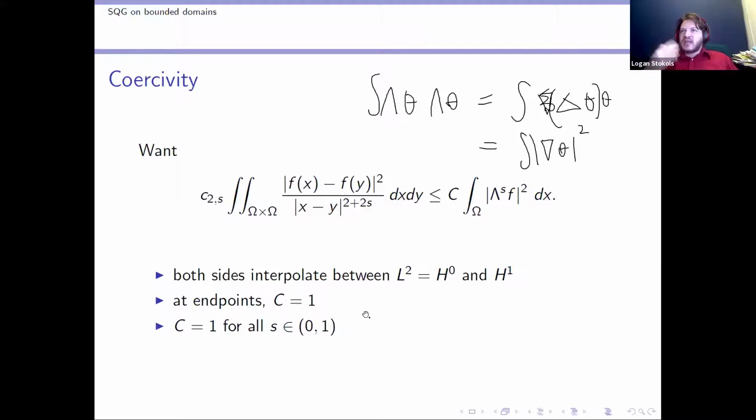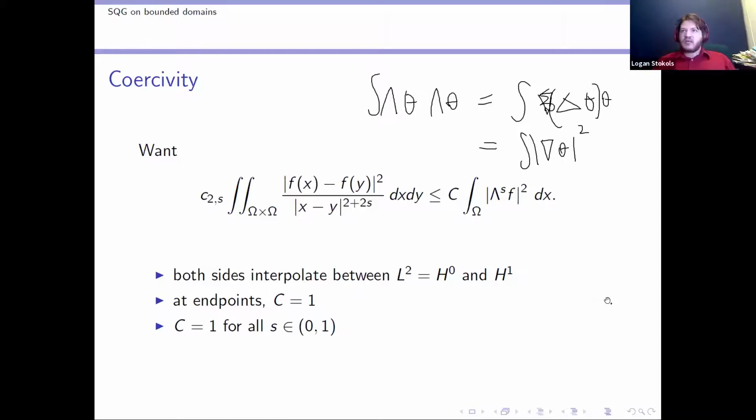The number 1 is well known to be independent of scale. It does not depend on omega. So we have coercivity independent of scale, and this works even up to the boundary. If you take a solution that pokes out of the boundary a bit and vanishes outside of omega, this argument still applies, and so you still get coercivity, even at the boundary.